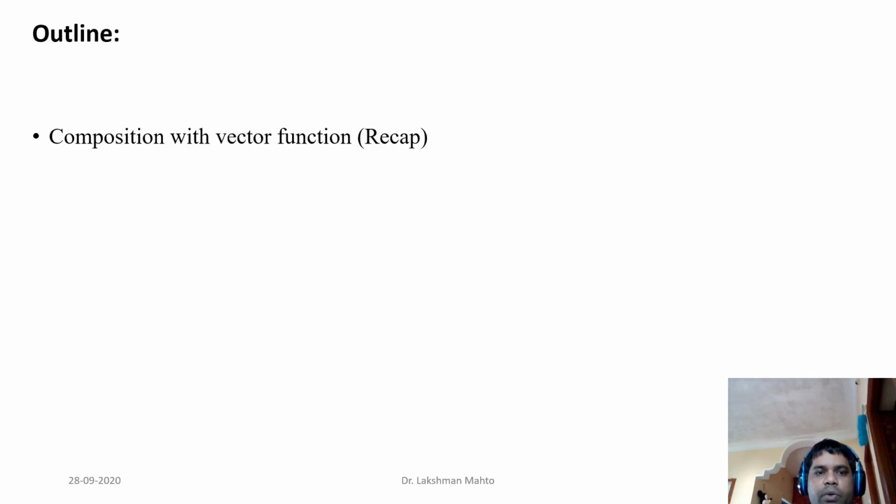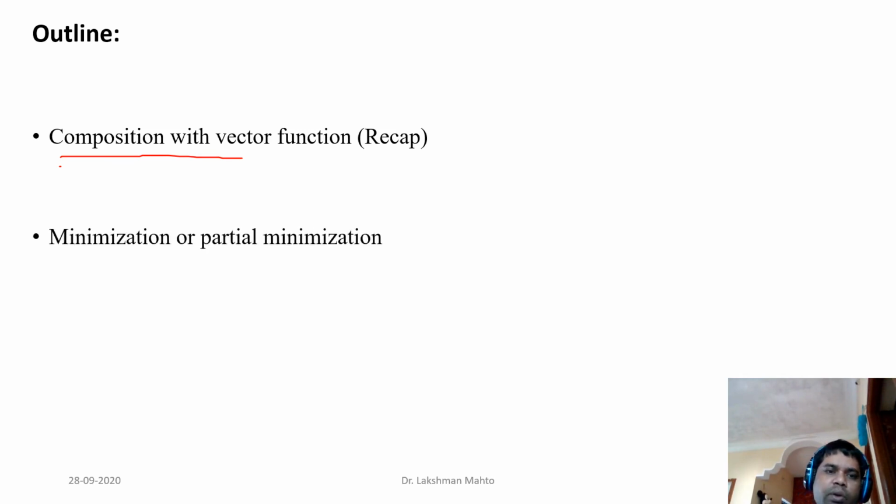So the outline of my today's lectures is the following. First, I would like to discuss, as a recap, composition with vector function. Then I will go on to discuss minimization, or partial minimization. That means if you have a function where we break the argument into two blocks, the first block we call x and the second block we call y.